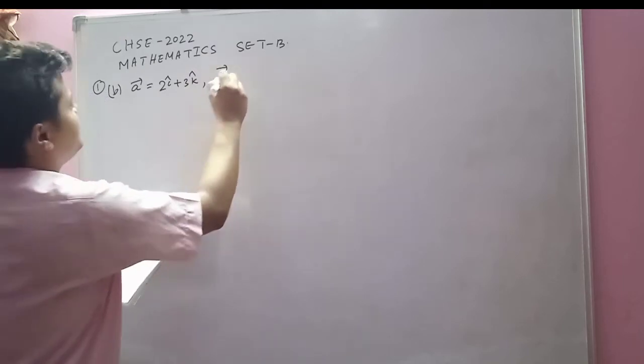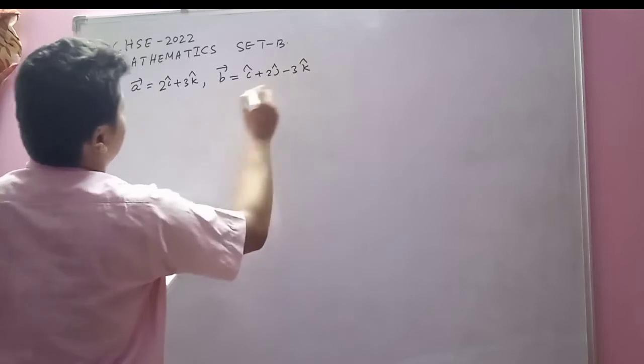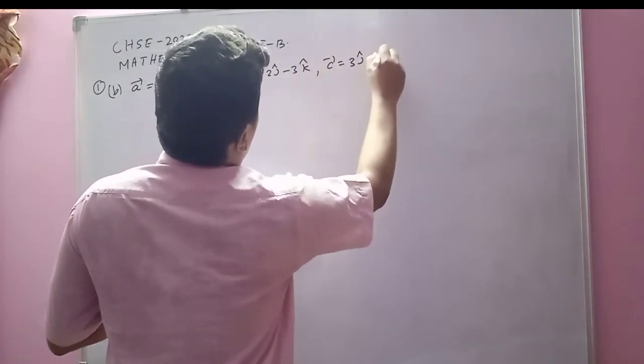B bar equal to i plus 2j minus 3k. C bar equal to 3j minus 4k.